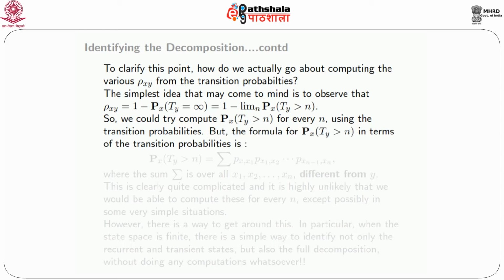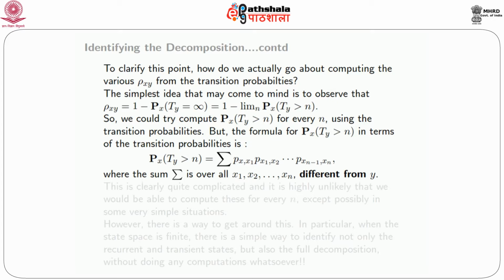The formula for Px probability that Ty is greater than n in terms of the transition probabilities is, remember, Ty greater than n means that y has not been visited up to and including time n, conditioned on the chain starting at x. It's not difficult to write down the probability in terms of the transition probabilities.